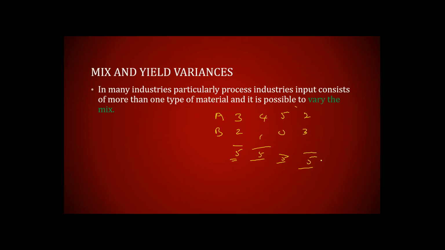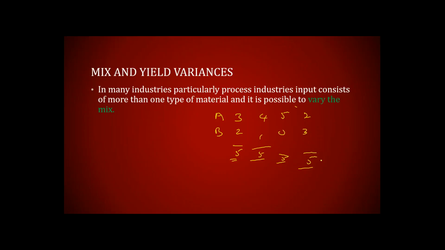On the other hand, if you mix up with more expensive raw material, actual cost can be higher than the standard. It can happen either way. Whichever way it happens, because of the mix, there can be a variance arising.